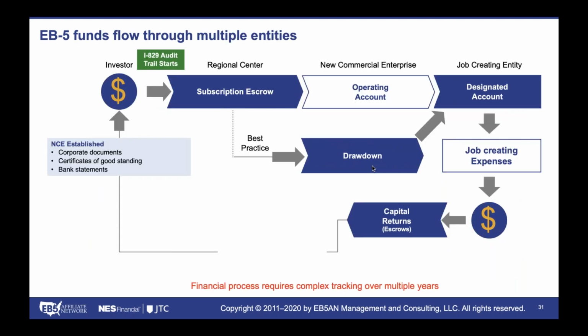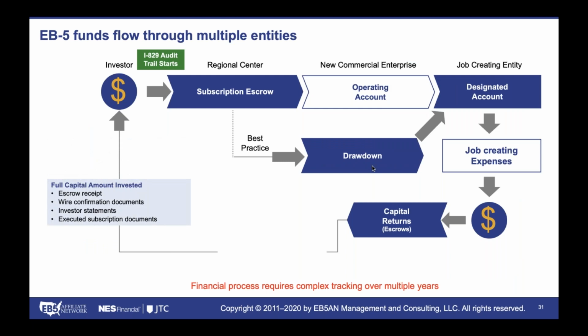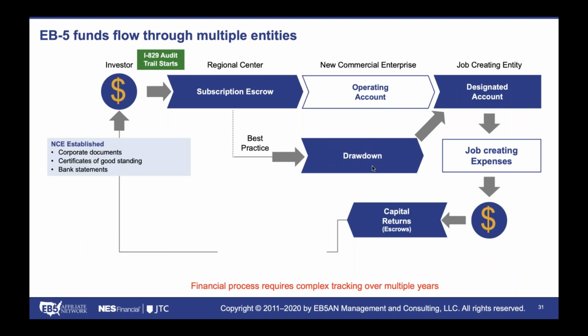This is a helpful diagram I found to articulate what has to happen in the EB5 process. We've said, look, at the end of the day, the investor's primary motivation is a successful immigration result. And so general partners need to keep that in mind, and make sure that the appropriate audit trail is captured.